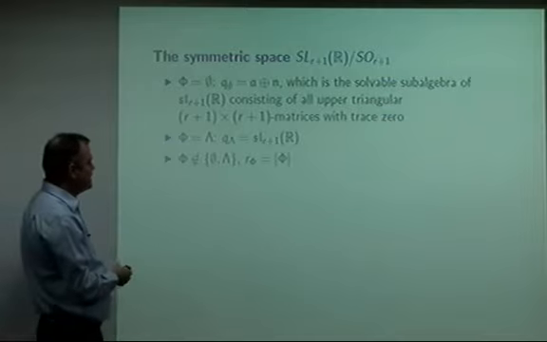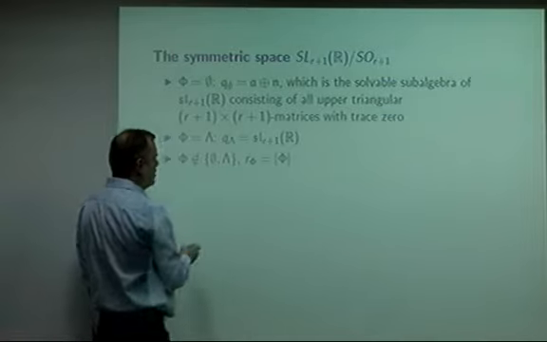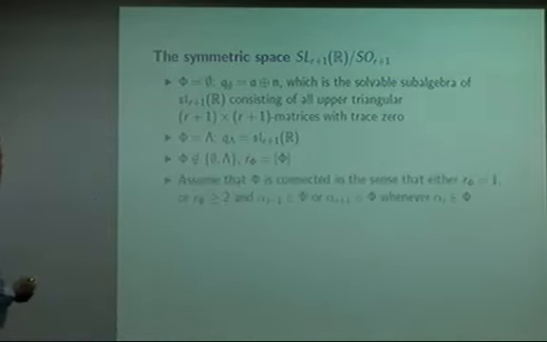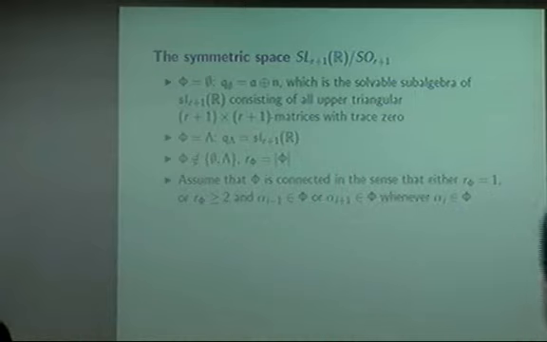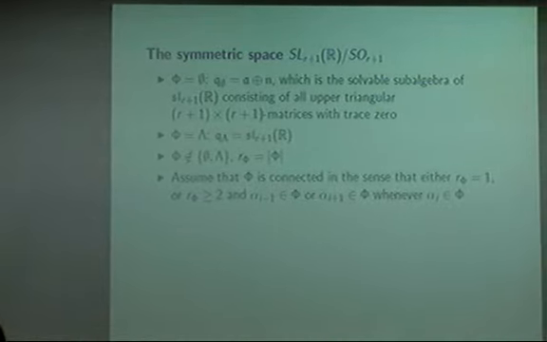So let's denote the cardinality of phi by R phi. And let's assume that phi is connected in the sense that either we have only one element in it, or if there are two or more elements, then adjacent elements in the root system are in the set.